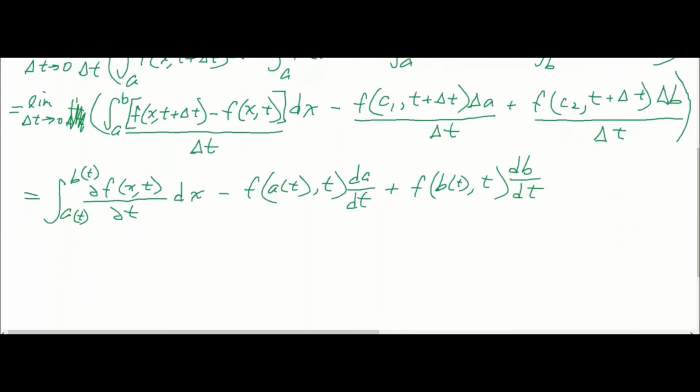And one last thing, keep in mind that if these had been constants, these two terms wouldn't be necessary. Because if b and a, the bounds of integration, did not depend on t, well, dA dt, that would just be a derivative of 0, and these terms would disappear.